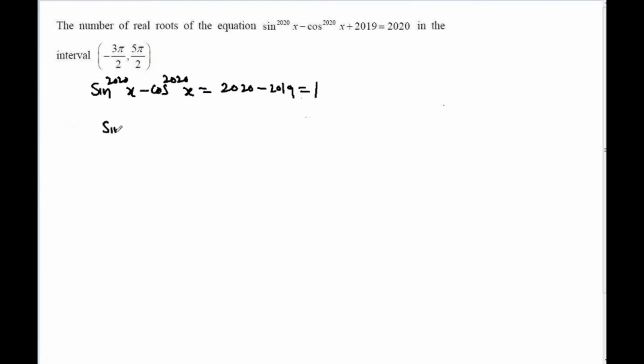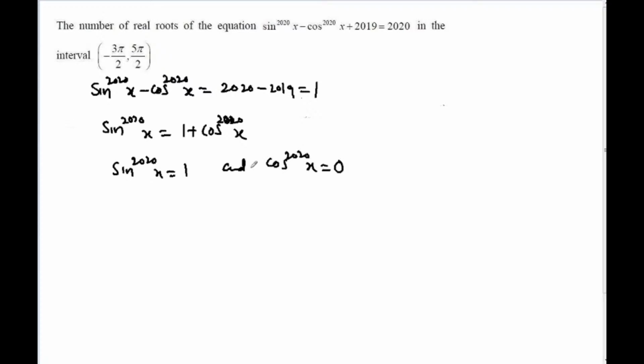From this equation, sin^2020 x is equal to 1 plus cos^2020 x. This equation is satisfied only for sin^2020 x equal to 1 and cos^2020 x equal to 0, because the range of sin^2020 x is 0 to 1 and cos^2020 x is 1 plus something, that is 1 to 2.